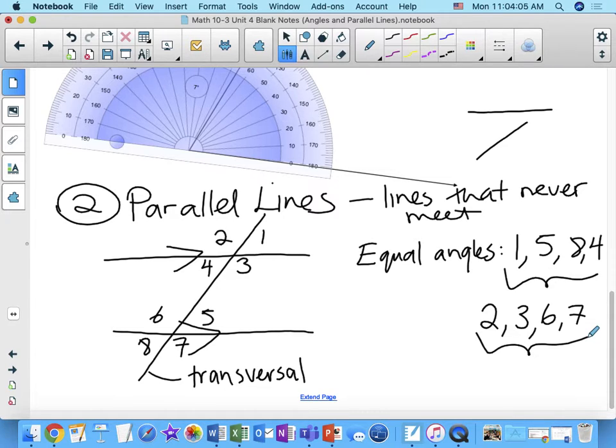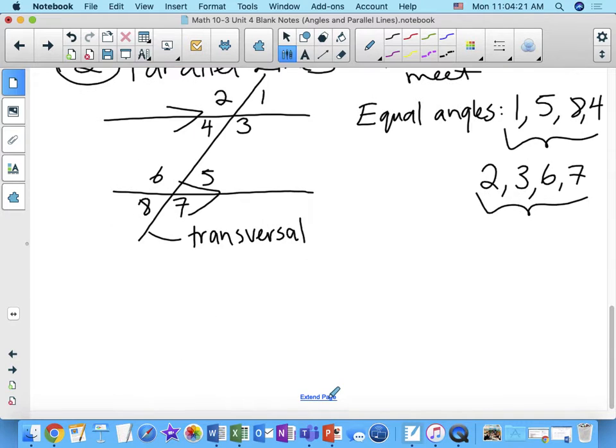Okay, and so what that means is that if we know 1 angle out of 8 where parallel lines are intersected by a transversal, we can figure out all 8 of them. Now, in fact, pairs of these angles have special names, and those are also things that you are going to need to know.